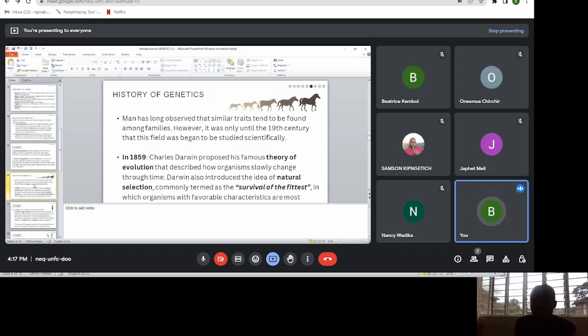Under the history of genetics, we will be mainly looking at the most important timelines in the development of genetics. And the first timeline is 1859. In this year, a scientist known as Charles Darwin proposed a famous theory of evolution in which he came up with the slogan of survival of the fittest, to refer to natural selection.